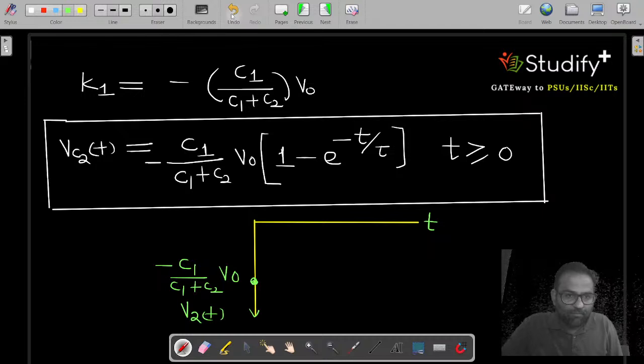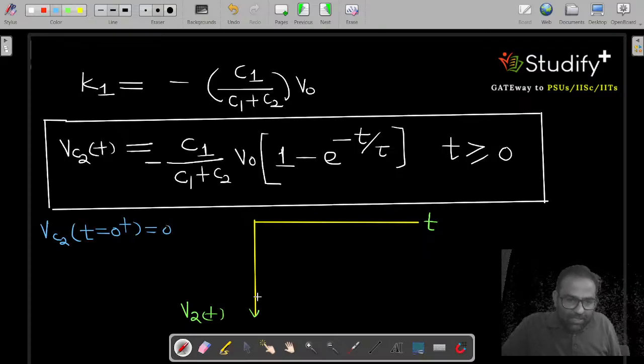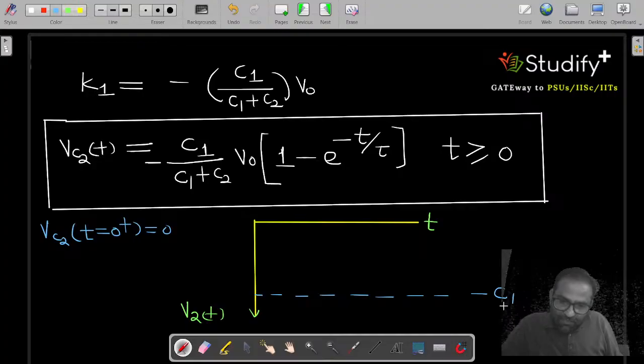At T equal to 0, this voltage is 1 minus 1 equal to 0, which means VC2 at T equal to 0 plus is 0. And when T approaches infinity, this voltage will reach this point: minus C1 divided by C1 plus C2 into V0.